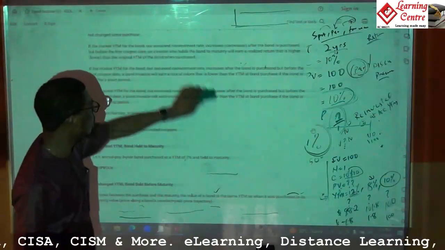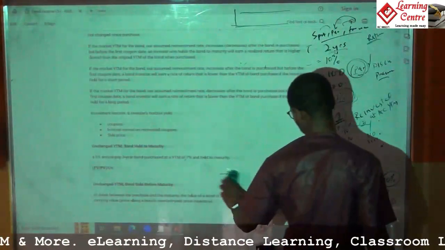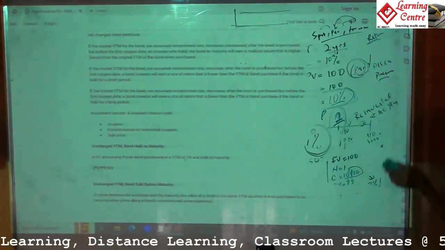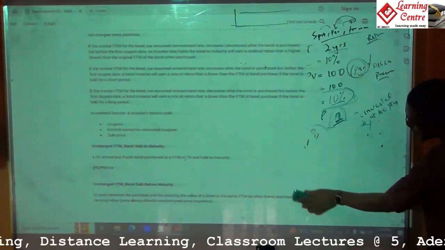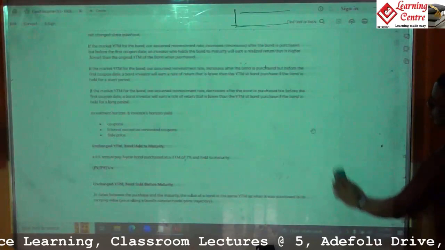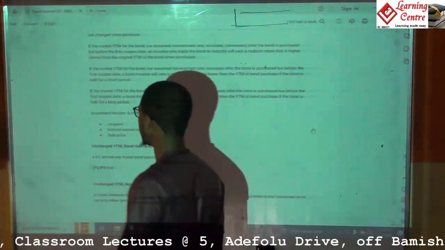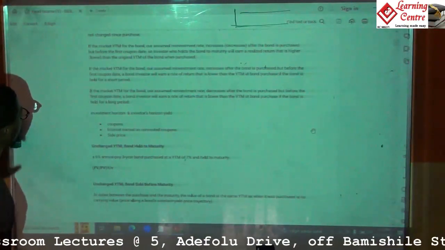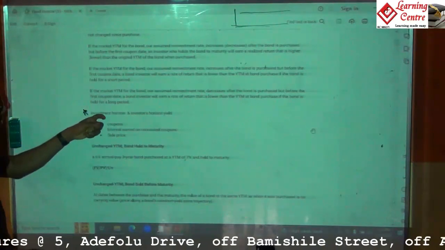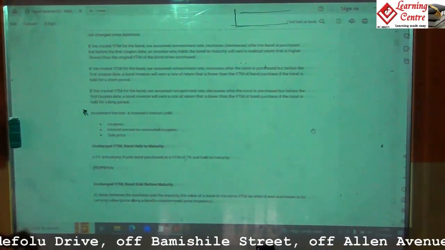If you invest at a particular yield, and that yield changes during your investment, the return you will earn as an investor will be different for you. So we have these concepts: investment horizon and investor's horizon yield.